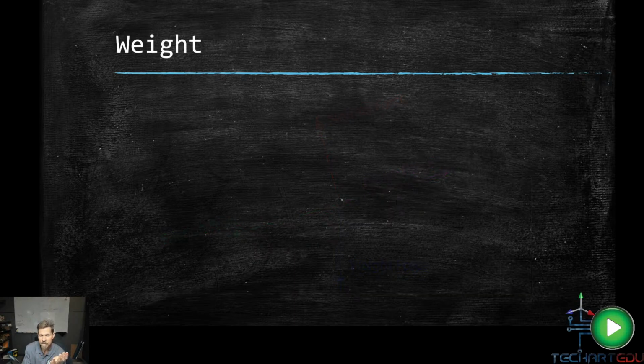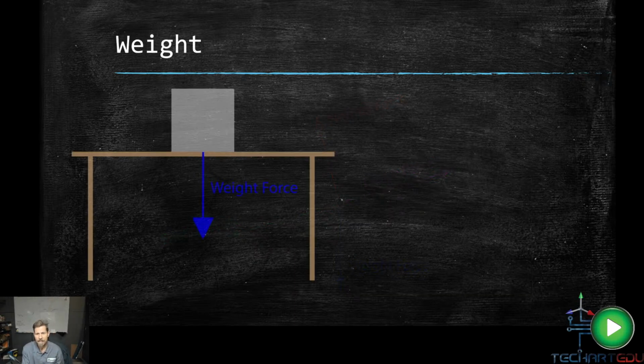Okay, weight force. Now this one's kind of obvious. This is the force that gravity is pulling us with. Remember, gravity sucks. And where is it sucking us? Right to the center of the earth. That's right. So gravity is a weight force. And so the weight force is actually gravity pulling us downward.